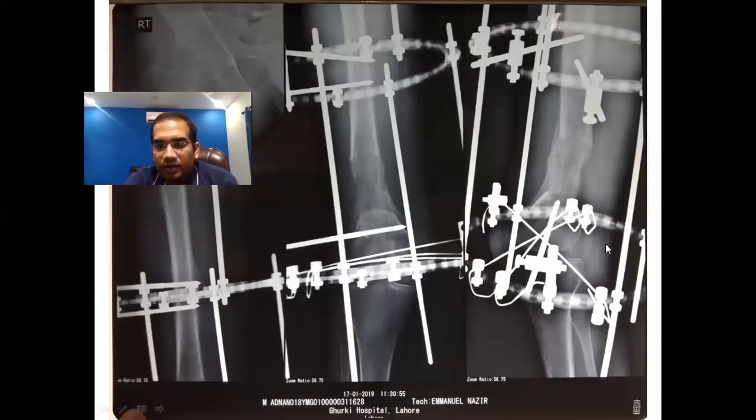This is how I corrected the deformity. I did an osteotomy, I slightly overcorrected it, and then because there was an LLD as well, I did a simultaneous lengthening as well. So I wanted to show you over here that I had to do slight hyperextension, about 10 degrees of hyperextension, to correct the knee. You can see there is a slight flexion because this is not a weight bearing X-ray.